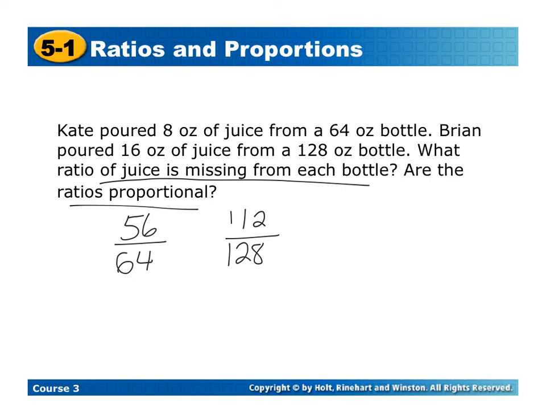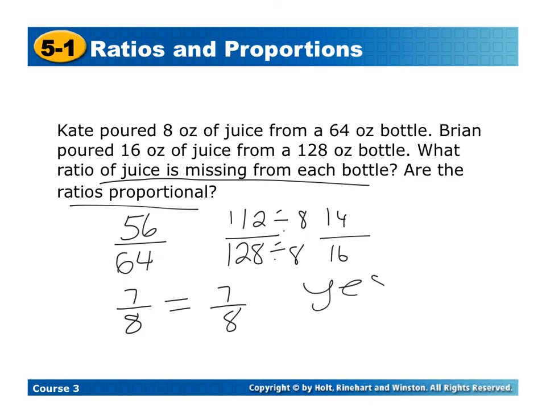So 56 and 64 are both divisible by 8, which gives us 7/8. 112 and 128 are both divisible by 8, which gives us 14 over 16. Those are both divisible by 2, which also gives us 7/8. So yes, the ratios are proportional.